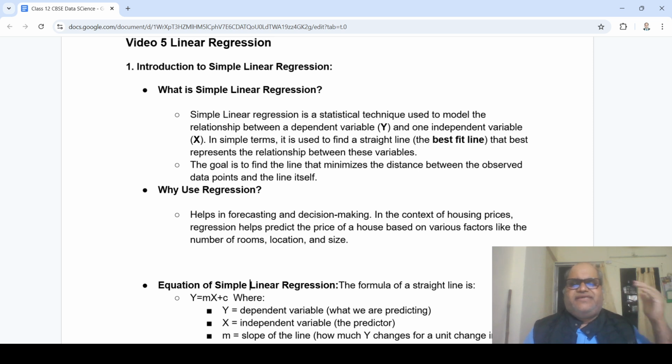So you'll typically see a linear line with some slope and some initial offset. And a simple linear regression is almost similar to a straight line equation. The only thing is, in this particular case, there are two things.